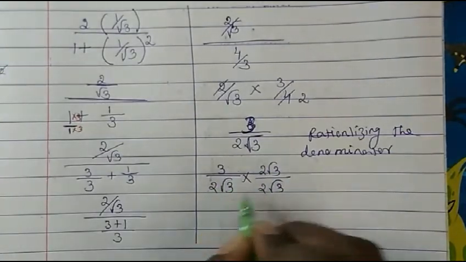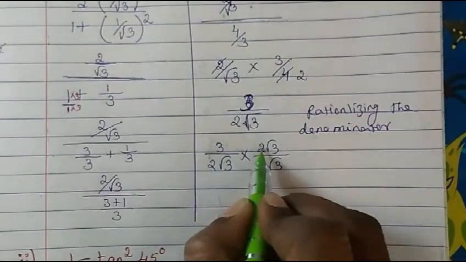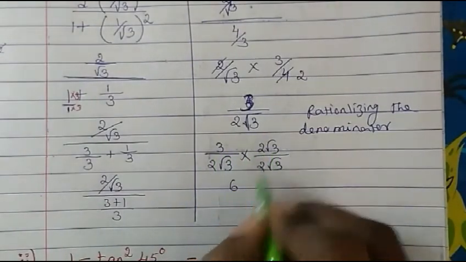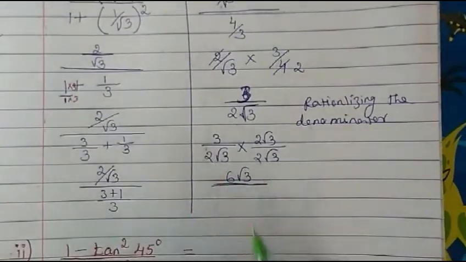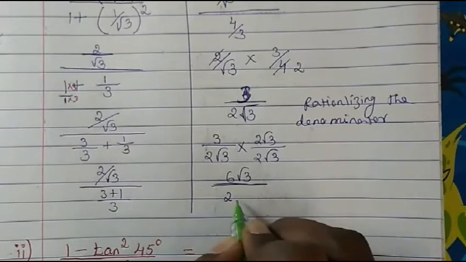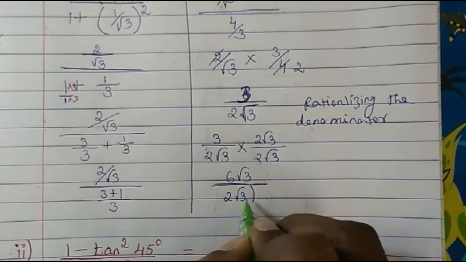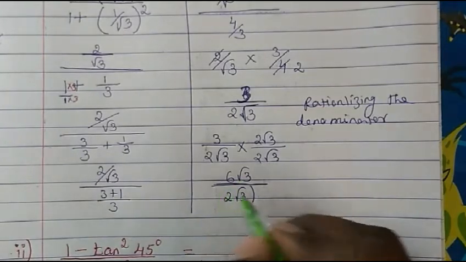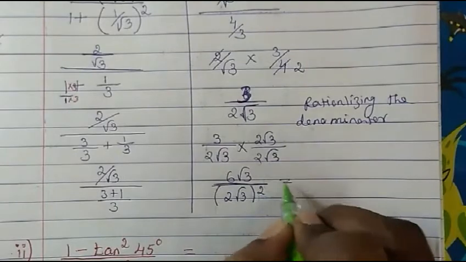See, with the same number, both sides we have to multiply. Then what we will do now, 3 2s are 6. Then root 3 is here. Now this has become 2 times. So 2 times means it becomes square, no? Square.